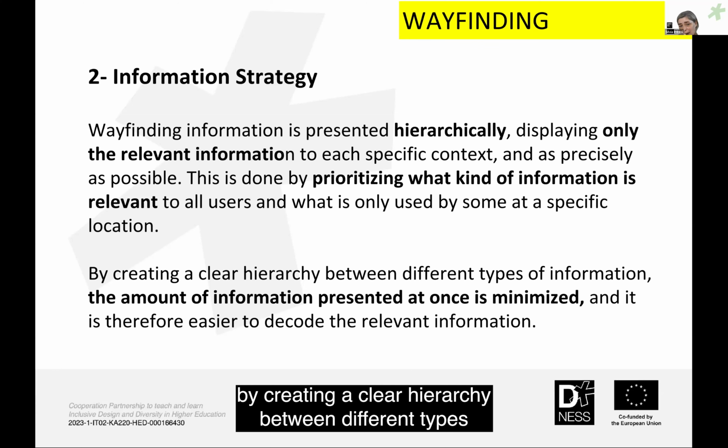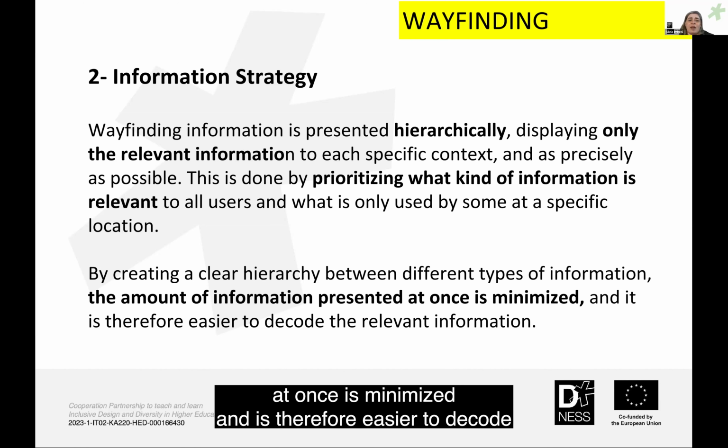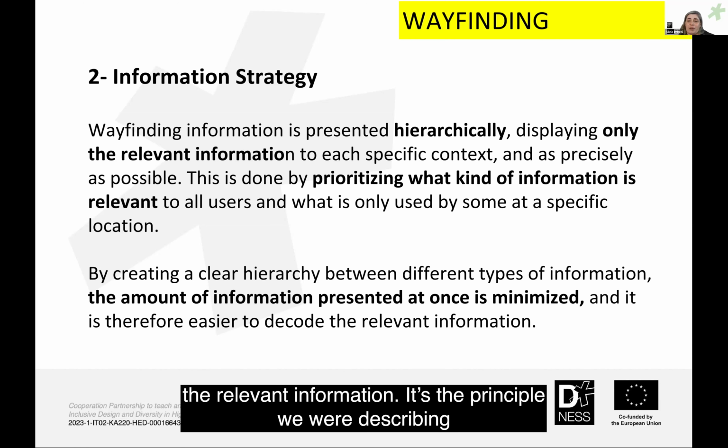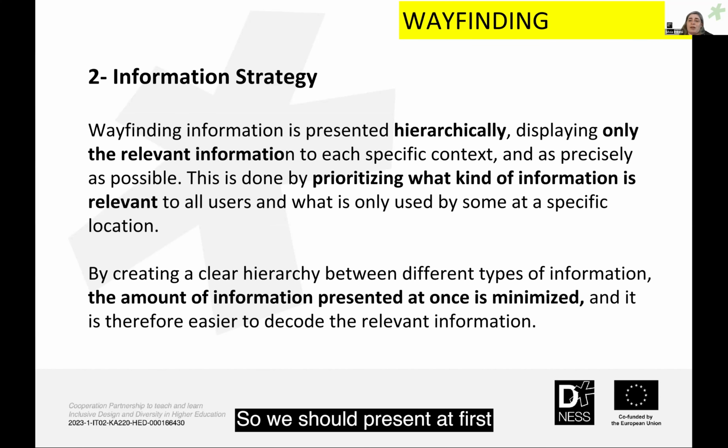By creating a clear hierarchy between different types of information, the amount of information presented at once is minimized, and it is therefore easier to decode the relevant information. It's the principle we were describing before, talking about inclusive design. So we should present first the most important information, and to do that it's very important to understand which are the most important ones for the biggest number of users.